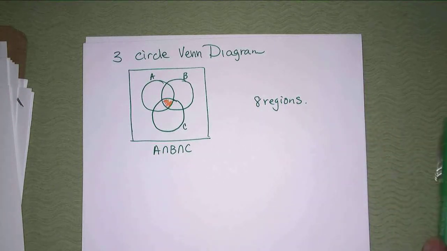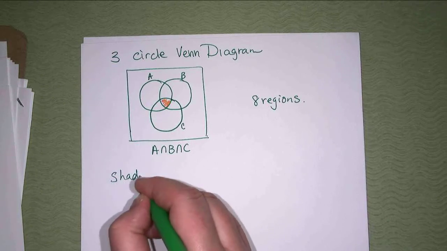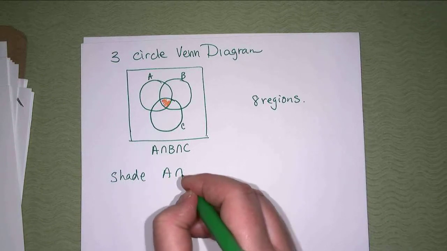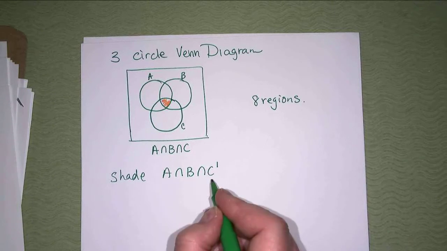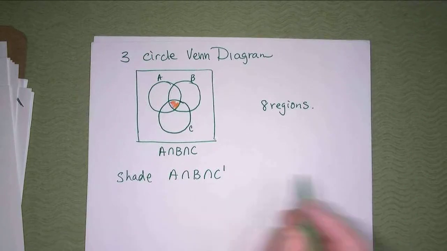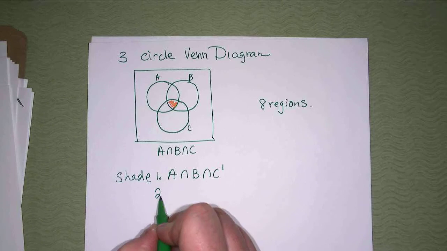But we're going to jump right into more complicated ones. So we're going to say shade. All intersections, first one. Okay, so that's going to be not too hard because you're comparing all of these. Let's call that 1. 2.